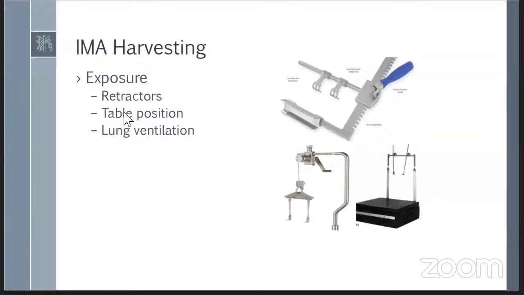And for lung ventilation, you can reduce the tidal volume, that's one way. Or if the patient's oxygenation is well, you can stop ventilation completely for a period of time. There are possible complications of retraction. One complication is sternal fracture, and this risk increases when your sternotomy is not centralized.